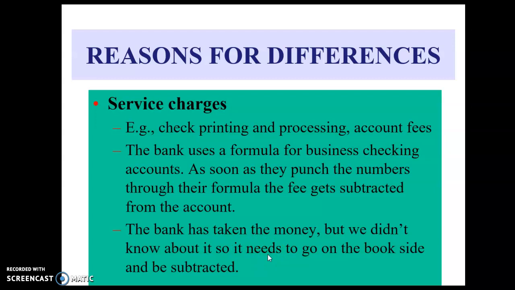A lot of times your personal checking account may have a fee attached to it, but a lot of times that fee is a flat fee. It's the same every month. You know exactly how much it's going to be. Whereas that doesn't always happen with a business. So it's us that doesn't know about it. The books have not had that service charge subtracted yet. So we need to put that on the book side because it's the side that doesn't know about it, and it will need to be subtracted.